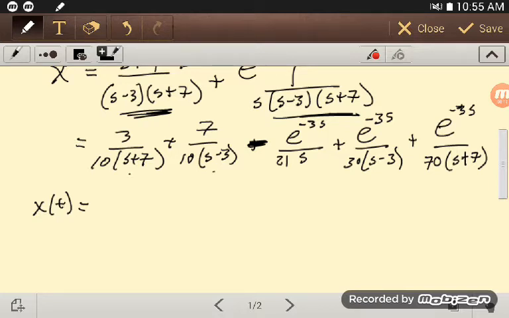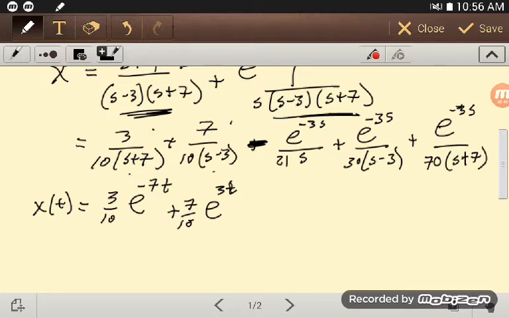We had done them before, and so those first two are just 3/10 e to the negative 7t, and then plus 7/10 e to the positive 3t. Okay, so we've got those two taken care of.